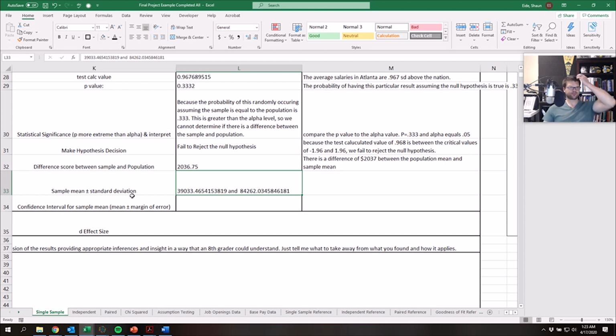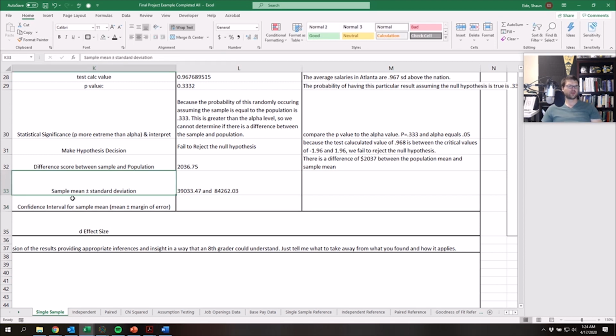And then right down here, this tells us what you need to do. I like it a lot better like that. The sample mean plus or minus the standard deviation.